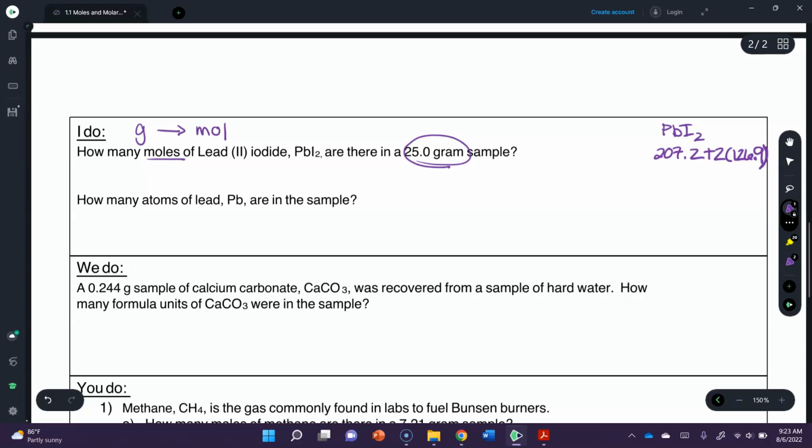Okay, so now I calculate this, and I should get 461.0 grams per 1 mole of lead iodide. So I can now use that to change 25 grams into moles. I start with what I'm given, and I'm hoping that this is review, but we're going to make sure that we know what we're doing. And I need to change it into moles.